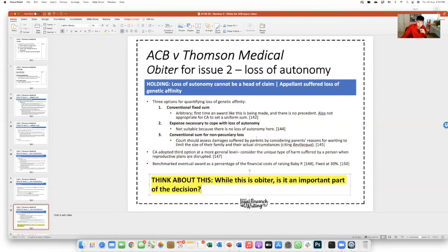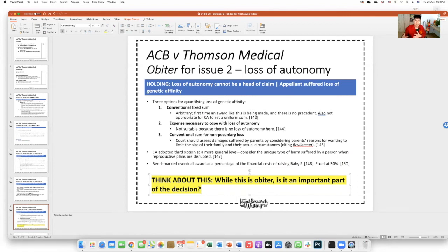While this, in this particular context, is not ratio, do you think this is an important part of the decision? I would say it is, because this part, right, how to quantify damages or how to quantify compensation in cases like that will be very useful guidance to litigants in future who bring a case of a similar nature to the court. All right.